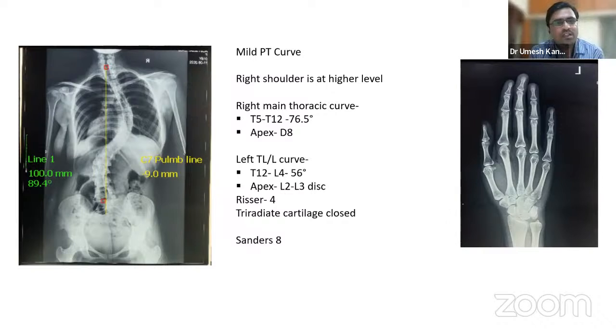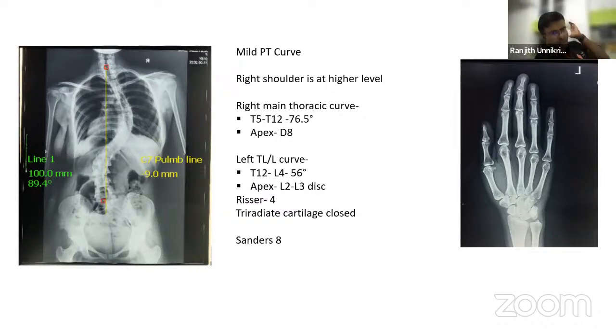In the apical vertebra, if it passes between the pedicles, it is A. Apical vertebra of the thoracic curve or the lumbar curve? The lumbar curve, sir. Yeah. So why do you want to know that? To assess the coronal balance in the curve, and to ascertain the stable vertebra, sir.